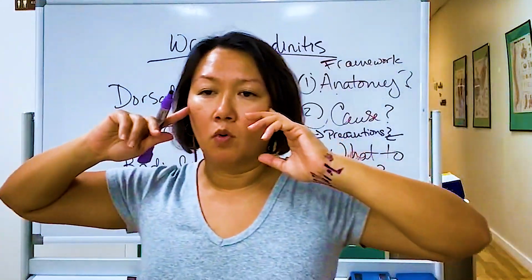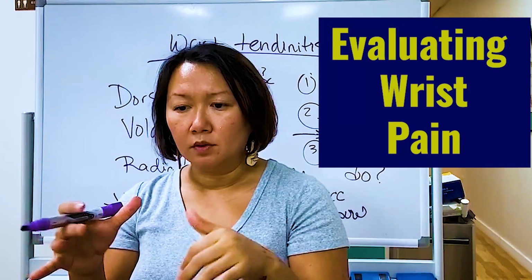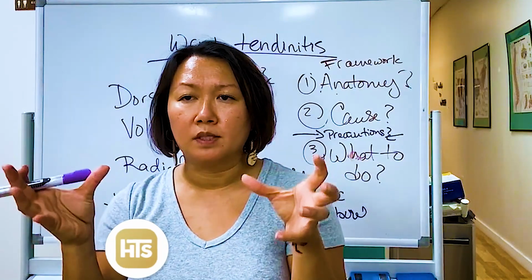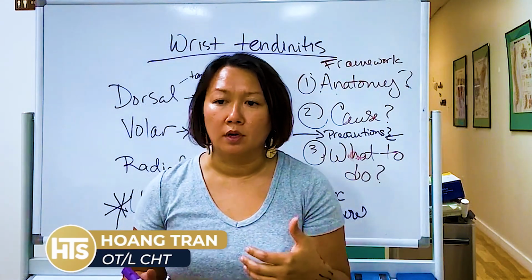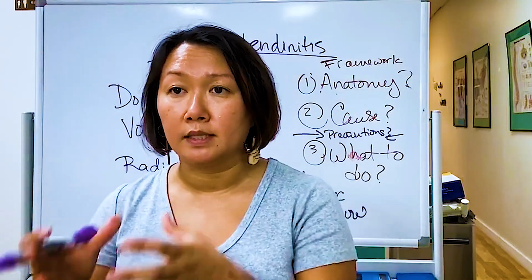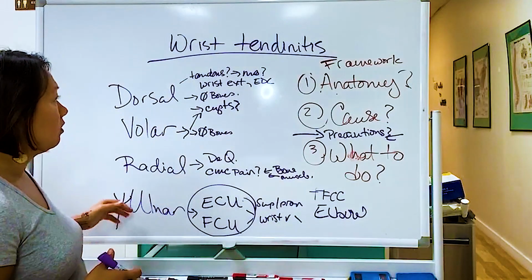I've been getting more and more people coming in with just wrist pain, right? So when someone comes in with just wrist pain, you can make a determination and see what's going on, and you can almost break it down by area.